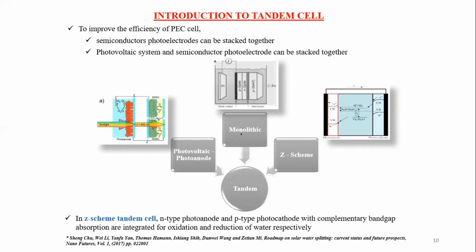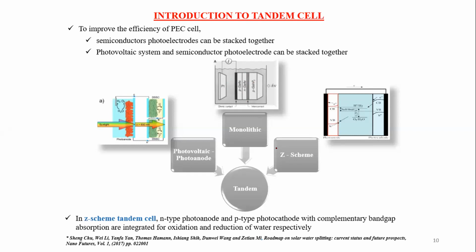The second one is called monolithic. Monolithic means you make all the electrodes on one substrate. In this case, they have both p-type and n-type photoelectrodes on a conducting substrate. Since it is fabricated on one substrate, this is called a monolithic tandem structure.